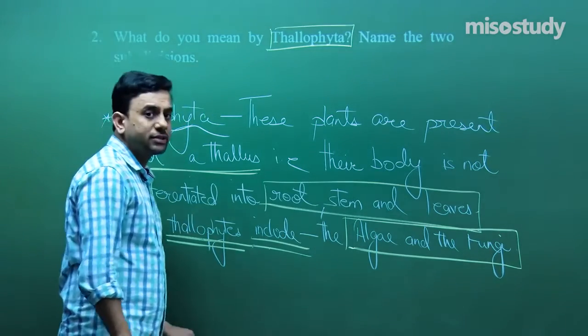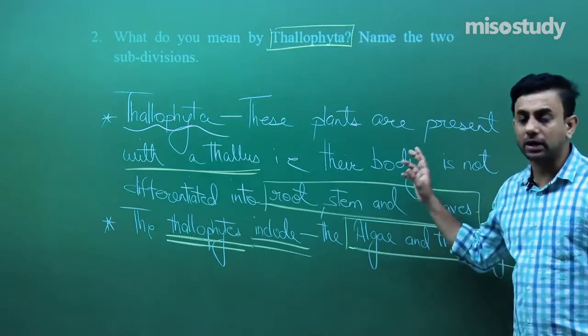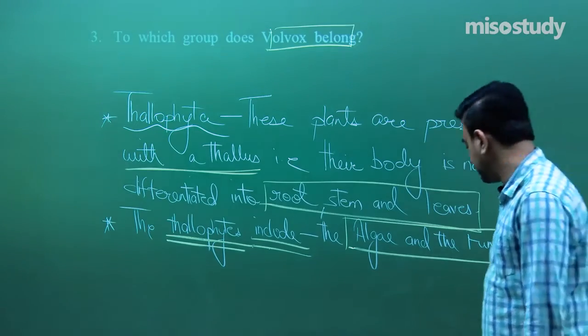After this, we will move on to the next question, again of 1 mark: to which group does the volvox belong?